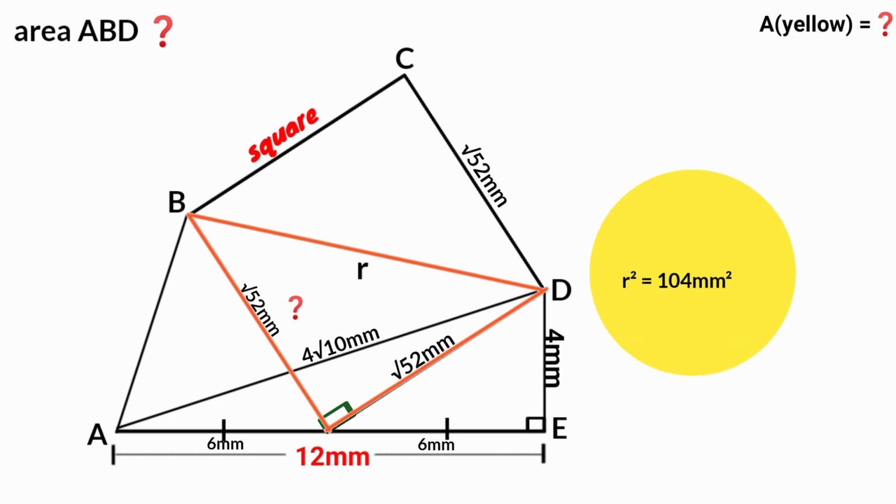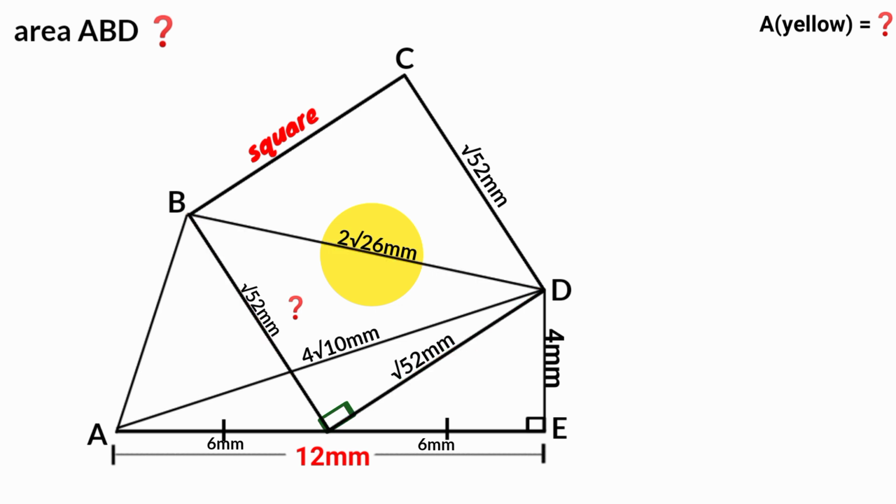Taking the square root of both sides, square root of r squared is r, while 104 is the same as 26 times 4. Square root of 26 times 4 millimeters squared is 2 root 26 millimeters. So r equal to 2 root 26 millimeters. That is, the length of this side is 2 root 26 millimeters.